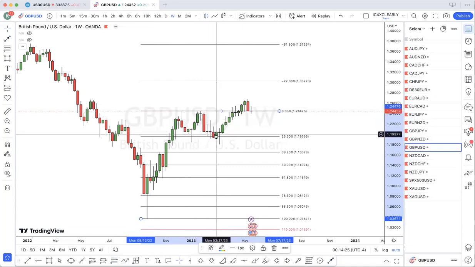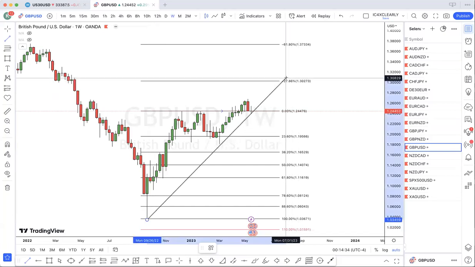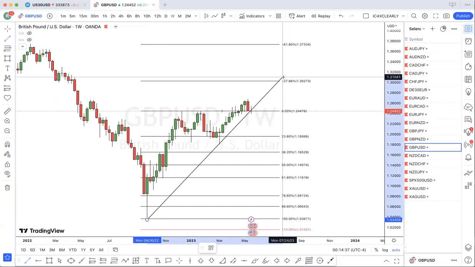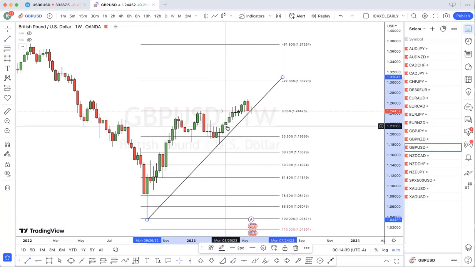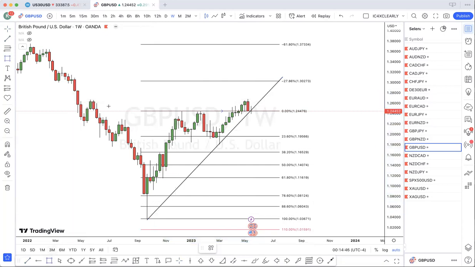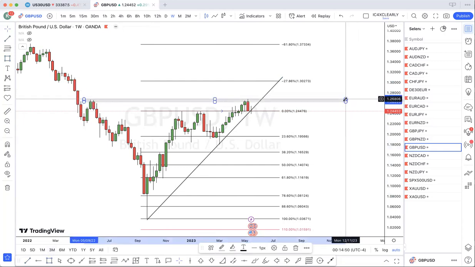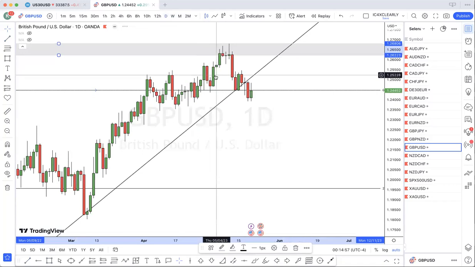So once I fibbed here, this pulled back to the 23.6. Tap the swing lows. So price pulled back into the wicks of this order block. Gave a correction. So let's go down to the daily.